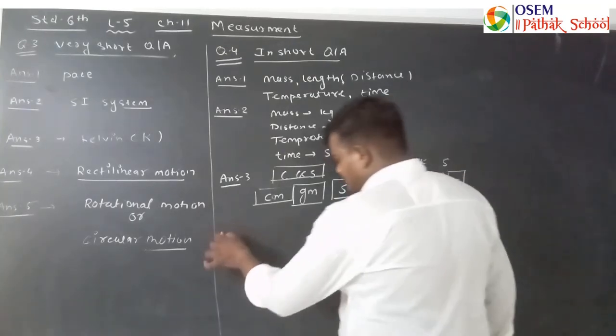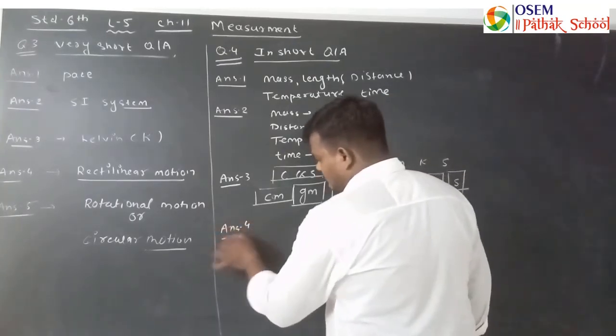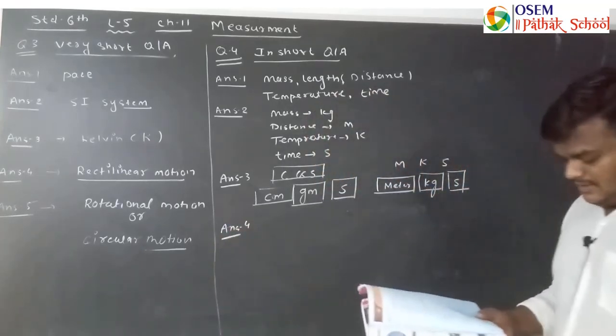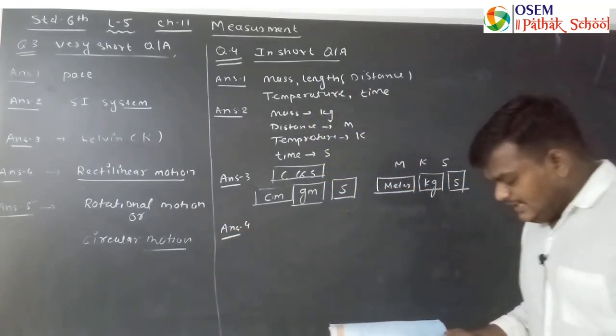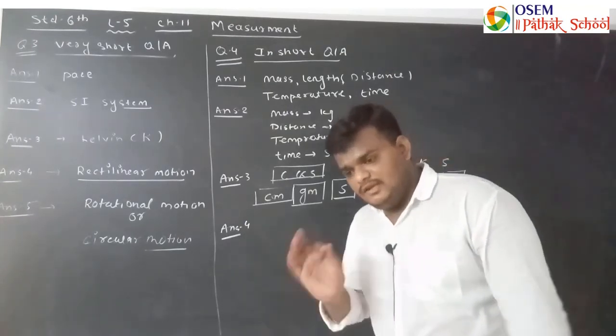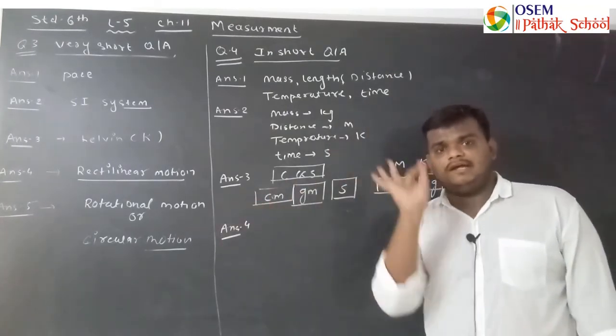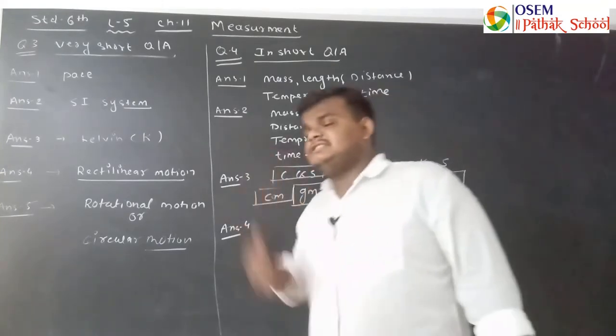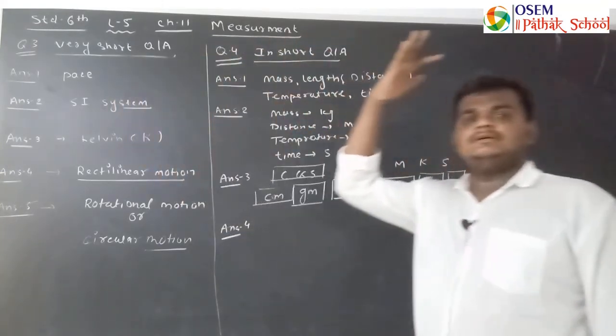Question number 4. And what is given in this question? When is a body said to be in motion? So a body is said to be in motion if the position of that body is continuously changing with respect to time.